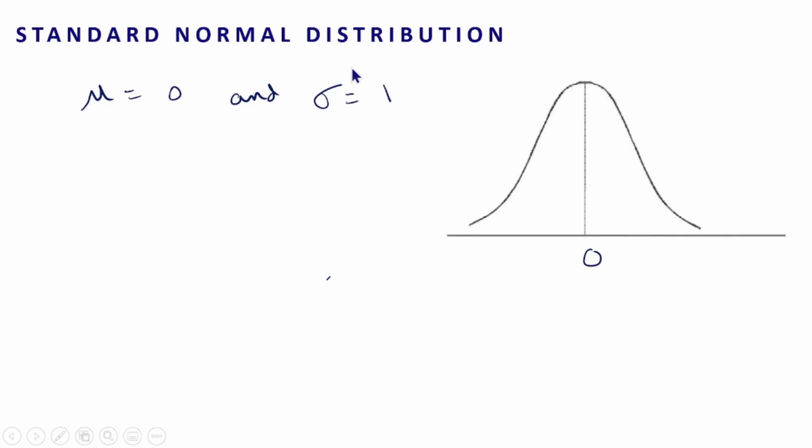So if x follows normal distribution, then we call x as a normal variate. If we have a variable z, if it follows a standard normal distribution, then we call this z as the standard normal variate, and this distribution is also called z distribution.